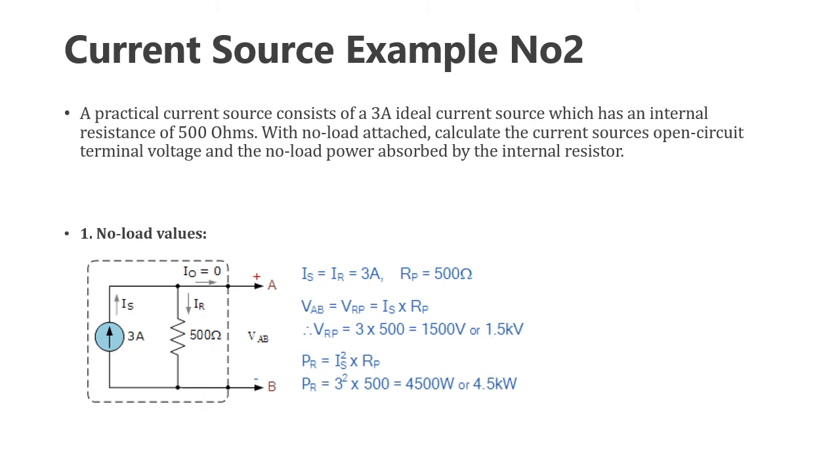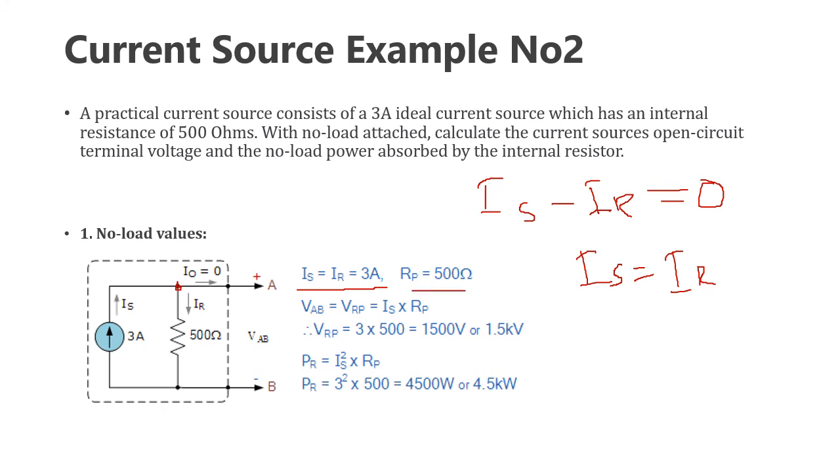Therefore, according to the KCL at this node, the IS is coming towards the node, IR is leaving away from the node, and IO is 0, so we don't need to consider this IO. According to the KCL, IS minus IR will be equal to I output. I output is 0. Therefore, IS will be equal to IR. So IS equals IR equals 3 ampere.